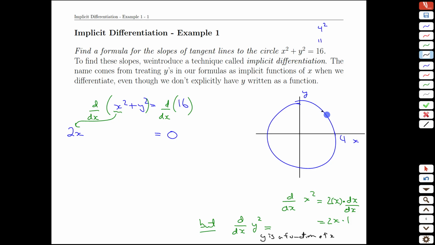If we pick a point here, at least locally, we can determine that y is a function of x. We can't do it everywhere, but we can do it on a point-by-point basis. And if that's the case, then the chain rule says anything squared, the derivative is 2 times the same thing. And then we're going to follow up in exactly the same way we did before. We're not playing favorites here. We're not doing special things for different functions.